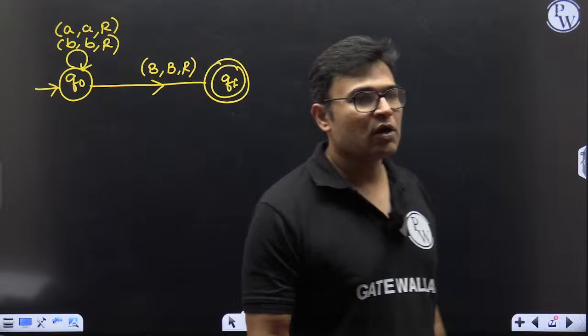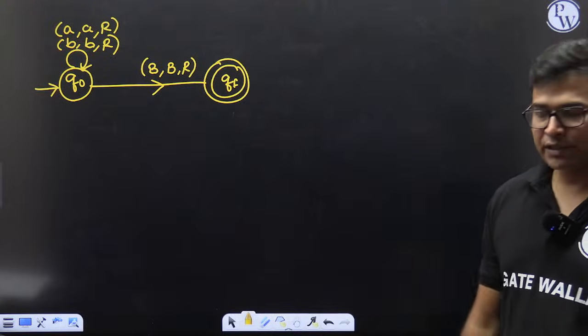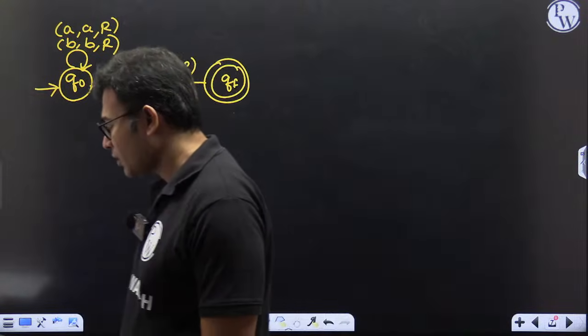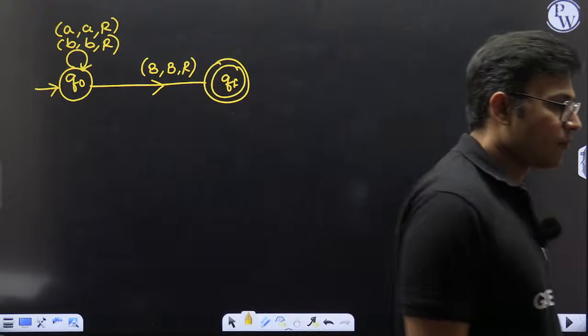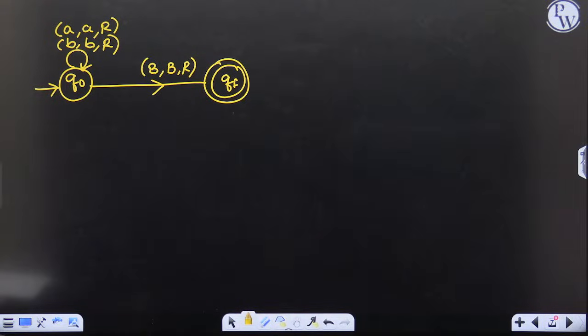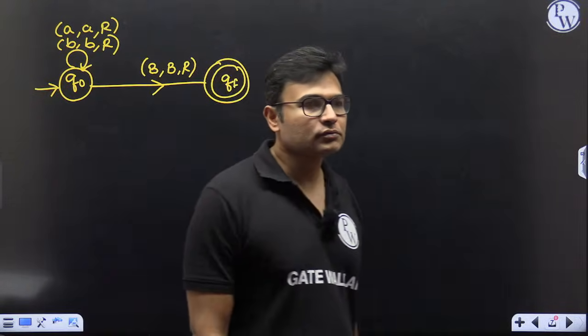Take epsilon, A, B, AB, BA, and you check this. What is the language accepted?